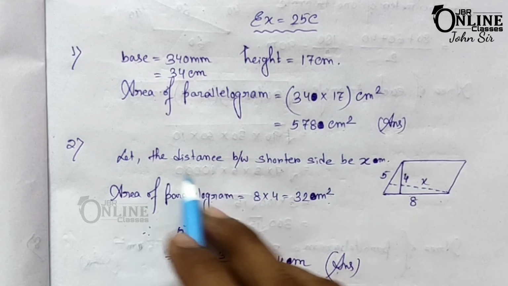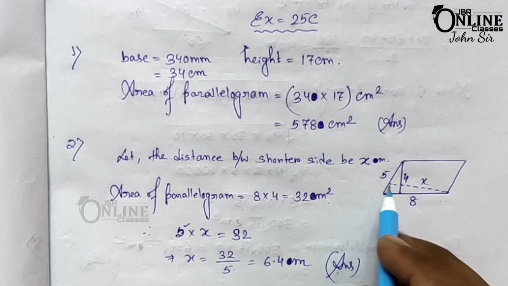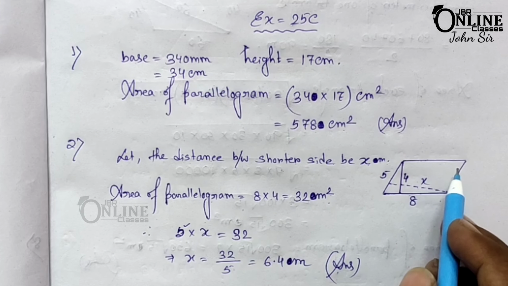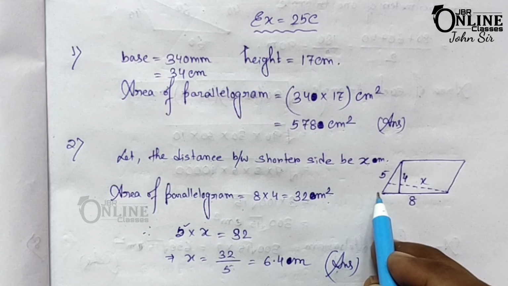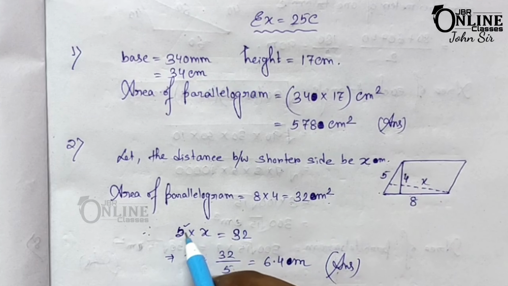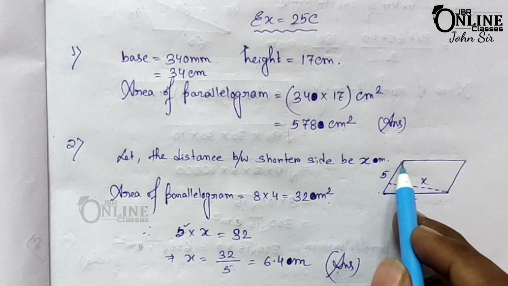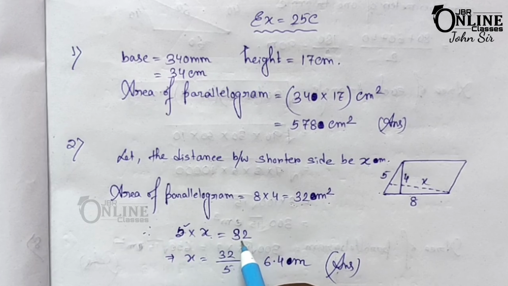Suppose the distance between the shorter sides is x, so x is also the height of that parallelogram. So 5 into x is also the area. As the area equals 32, 5 into x will also be 32. So x equals 32 by 5, that equals 6.4 meter.